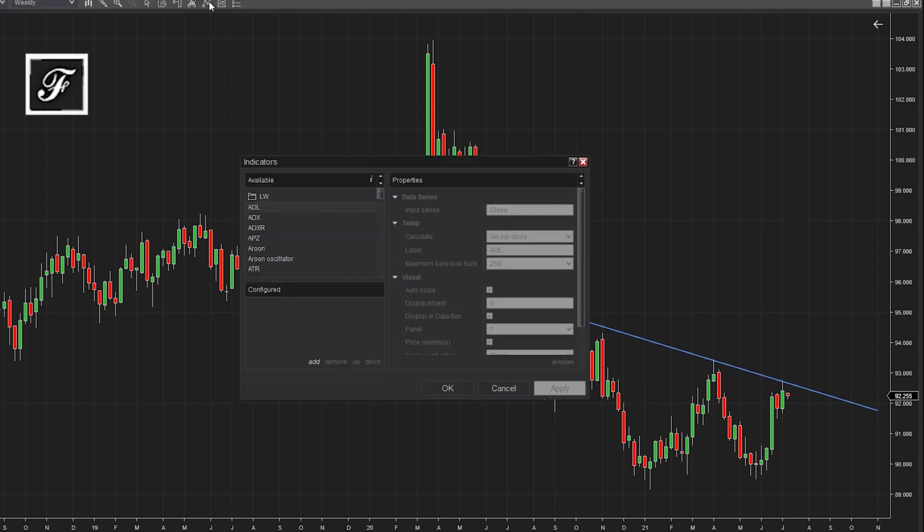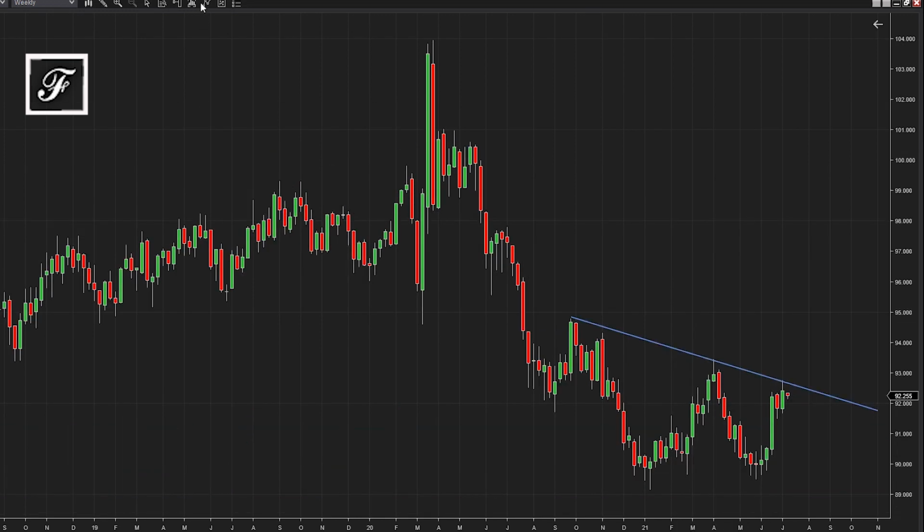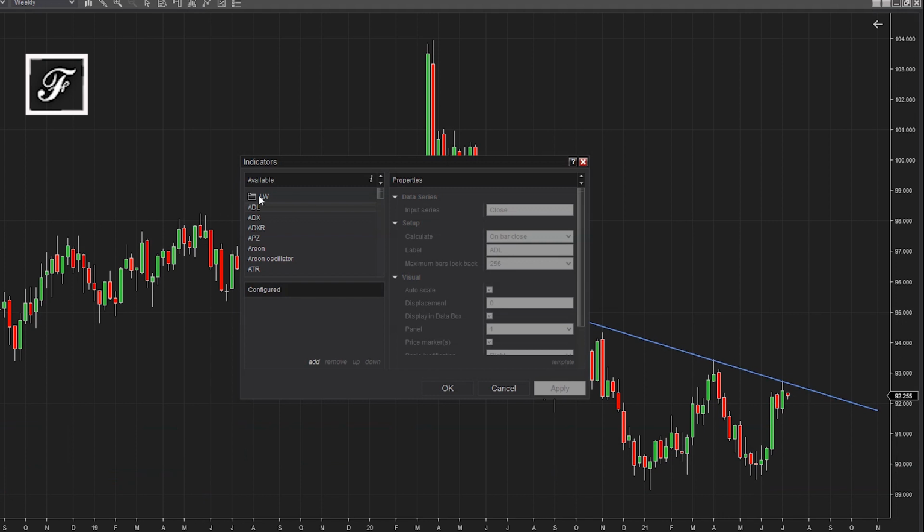But let's check other tools. Sentiment index, it's neutral, nothing to do here, okay. And now weekly cycles.